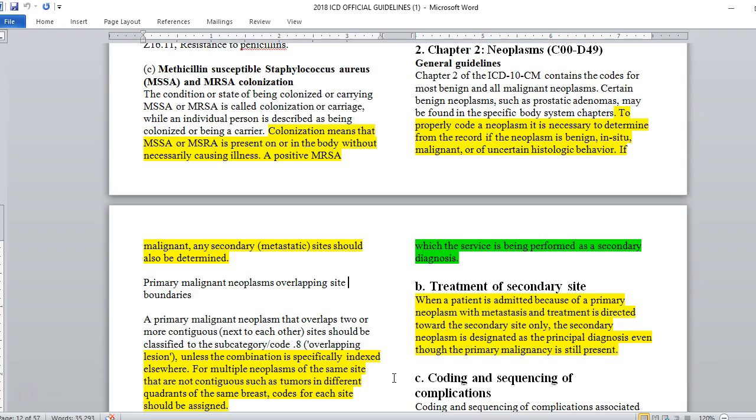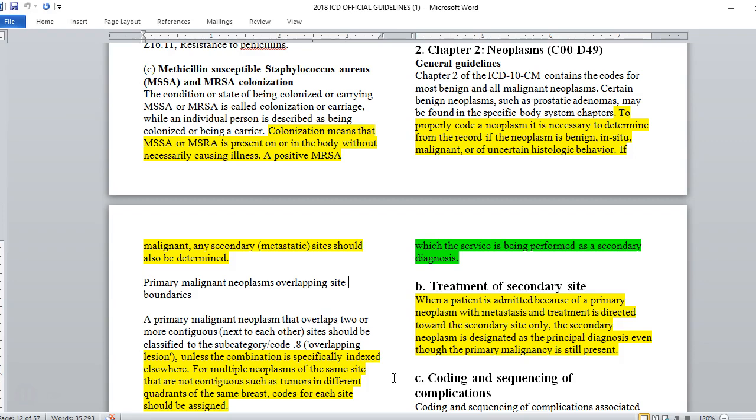We might see metastatic. We might see metastasis. We also might see METS, M-E-T-S for short. You might also see the word spreading. You might see the word invading. And so, again, those are different terms the doctor needs to let us know, and needs to let us know that one tumor is related back to the original tumor.